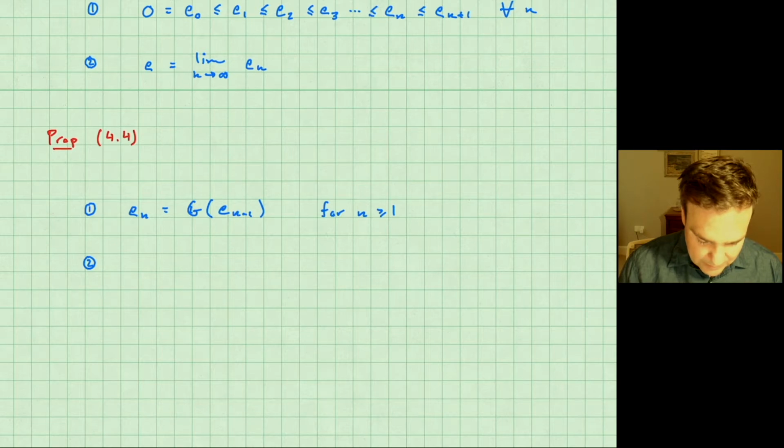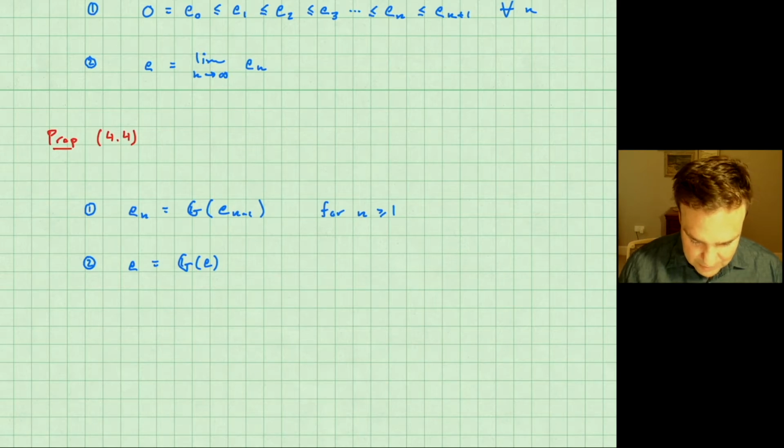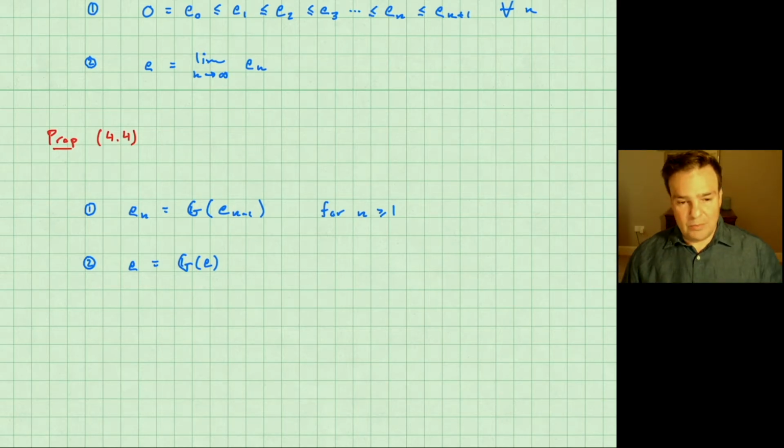And the second claim is that the probability of being extinct ever is the probability generating function evaluated at that probability.